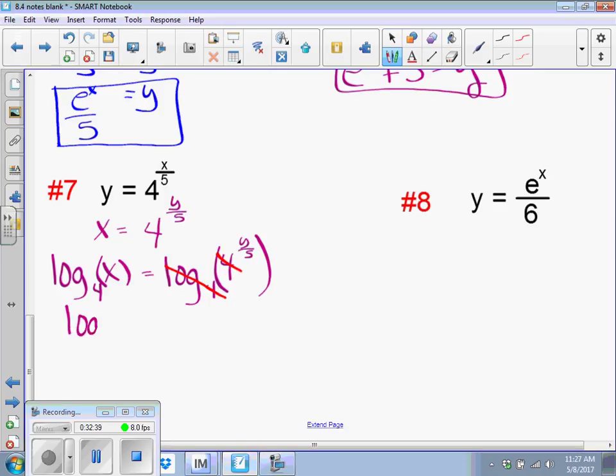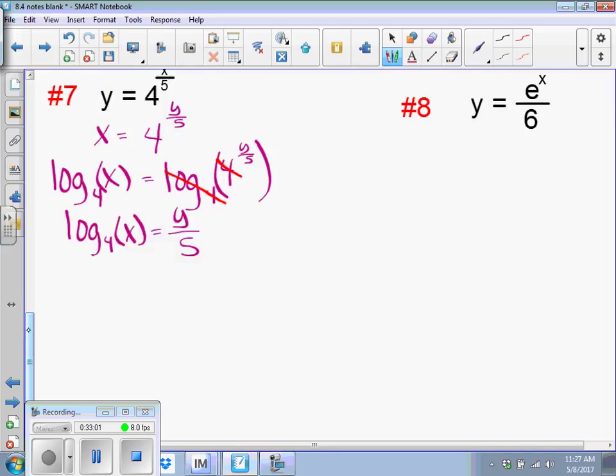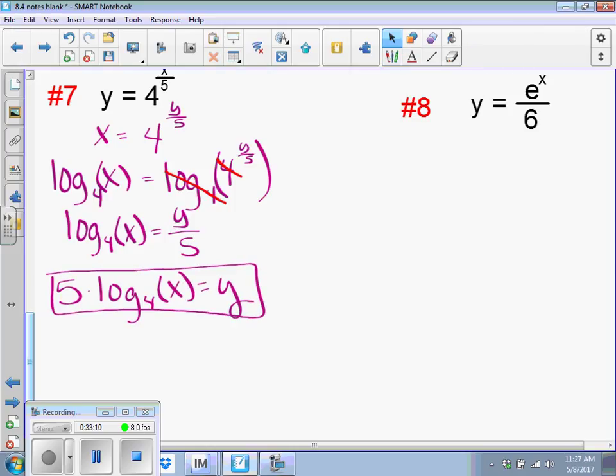So we're left with log base 4 of x equals y divided by 5. And what do we do? Multiply both sides by 5. So when we multiply by 5, this cancels. So y is equal to 5 times log base 4 of x. All we did was multiply by 5.